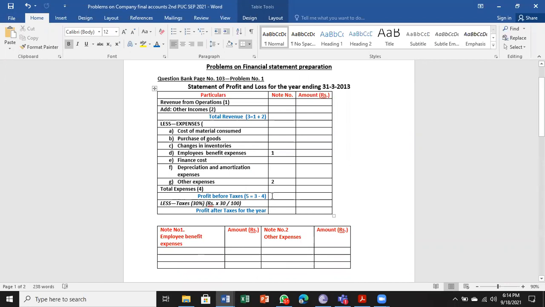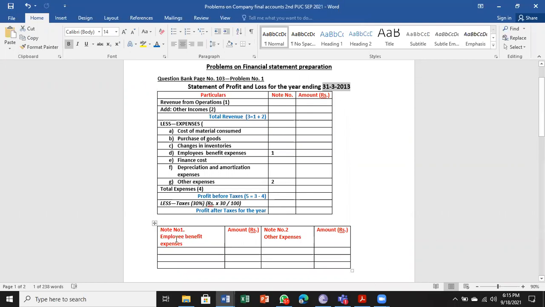So 3 minus 4 will be profit before taxes. Then less taxes. Taxes here are connected to the income tax of the company. So after deducting that, you get profit after taxes for the year. This is 2012-13, so it's going to be for that year.